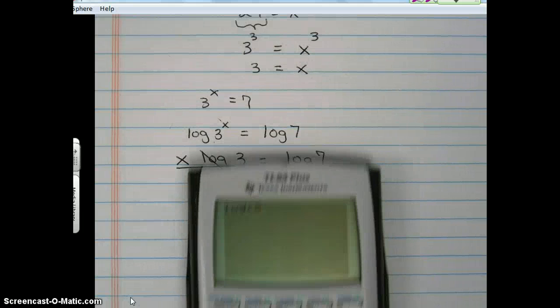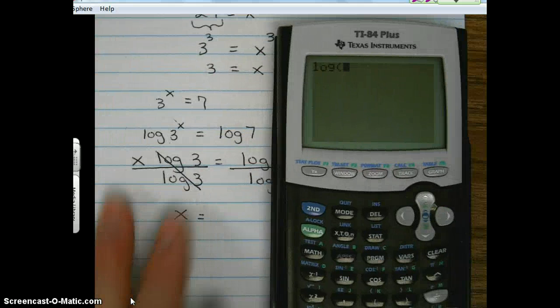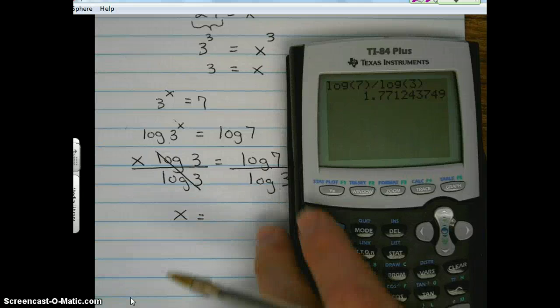So the log of 7, sorry it's not easy to see. Close the parentheses on the 7, divided by log 3. Okay, so we got 1.7712.